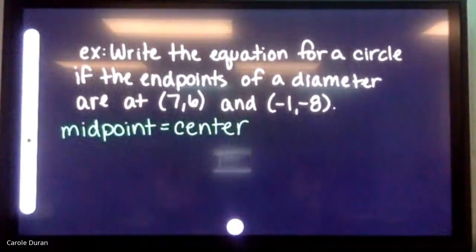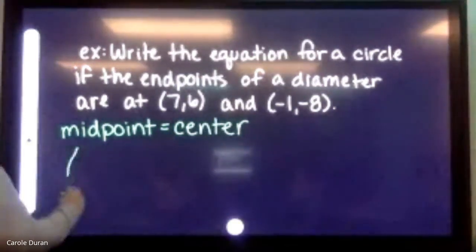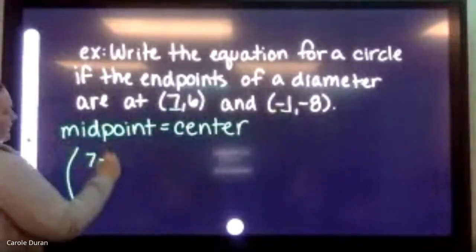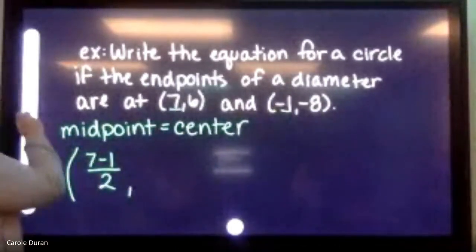How do I find the midpoint of 2 points? The formula says that I add like coordinates and then divide by 2. So I'm going to put my x's together, 7 and -1, and then I'm going to divide by 2.